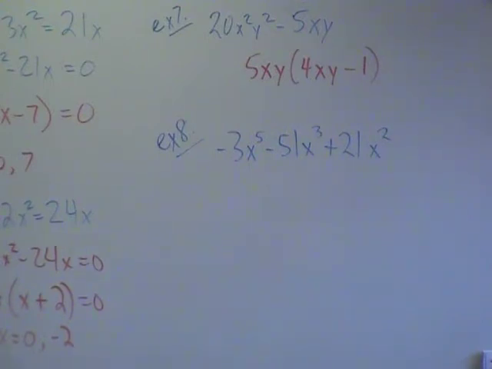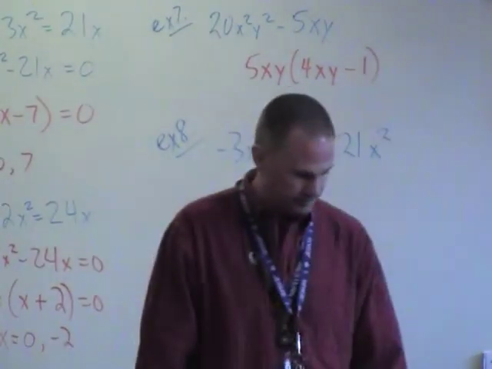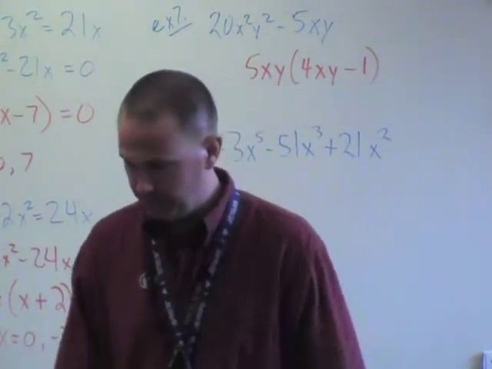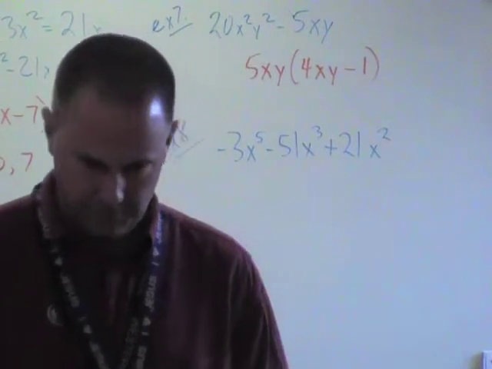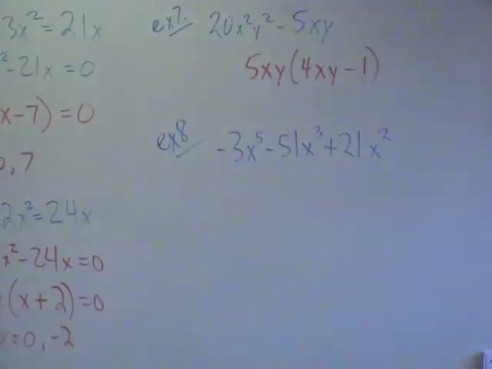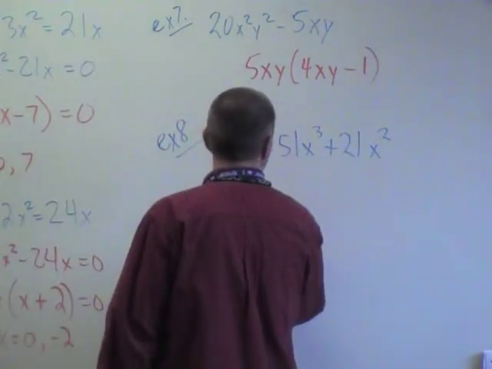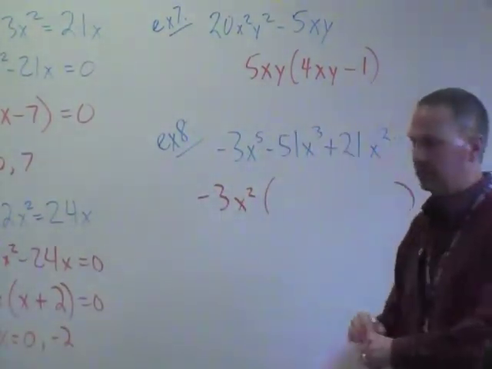If you haven't figured it out yet, here's how you start it. Negative 3x squared is what you should be factoring out.